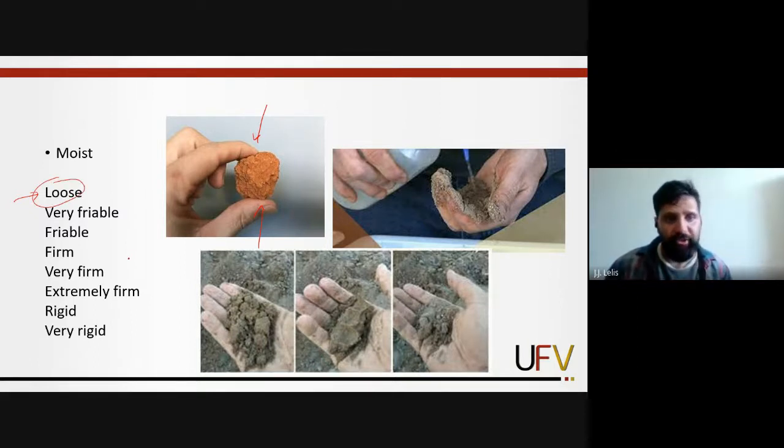If the material is easily broken using my two fingers, and I pressure this material with my hand, and I can see that this material starts to get together again, so when I pressure this moist material, the particles get together again, I have a friable condition, a friable consistency.